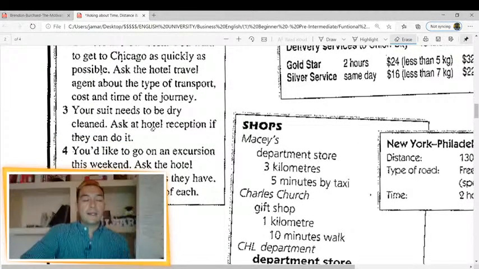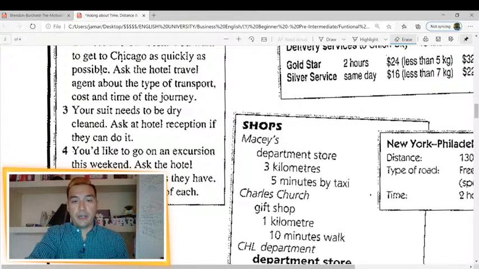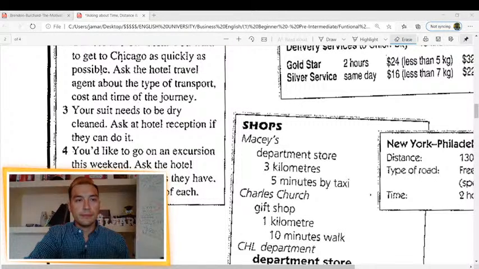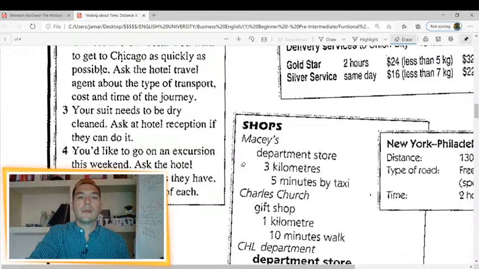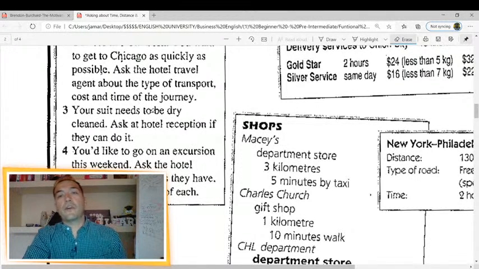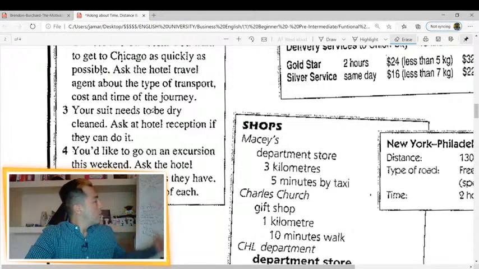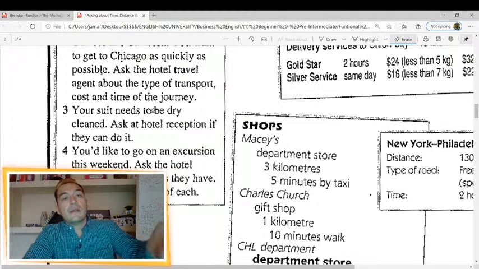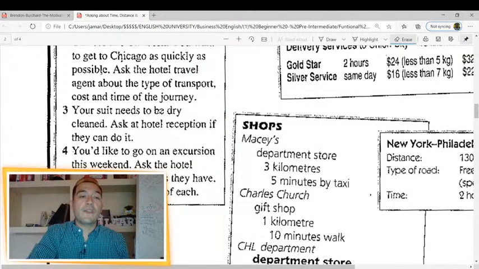What is the problem, the situation here? Your suit needs to be dry cleaned. Ask at the hotel reception if they can do it. Okay. So what do you think is the question?